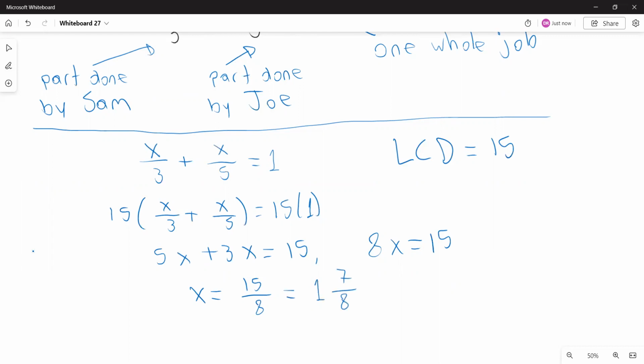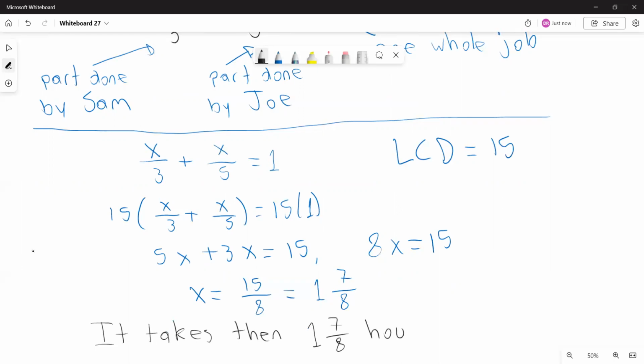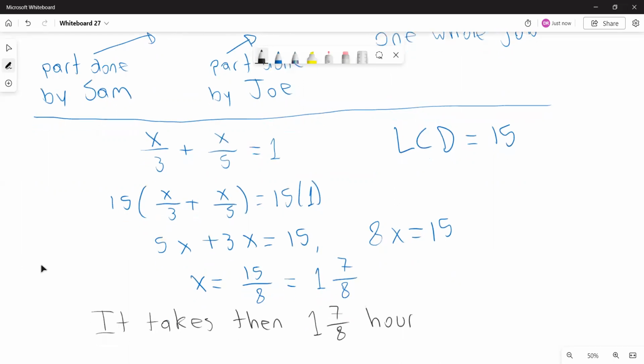So it is going to take them this amount of time to do it together. If they combine their efforts, it takes them 1 and 7/8 hours to paint the house together.